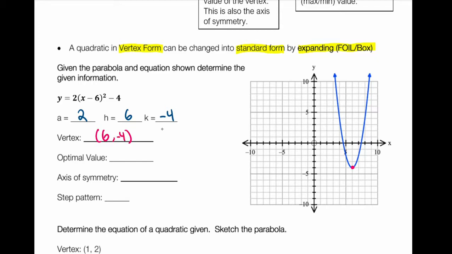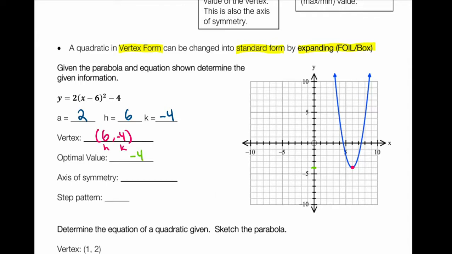We could have also gotten that from our h and k value, because the vertex form tells us that the vertex is (h, k). The optimal value is the y value of the vertex, or the k value, which in this case is negative 4.